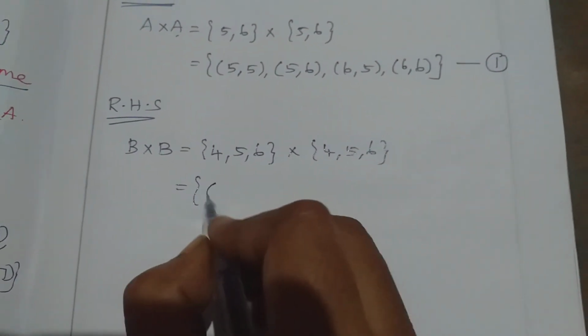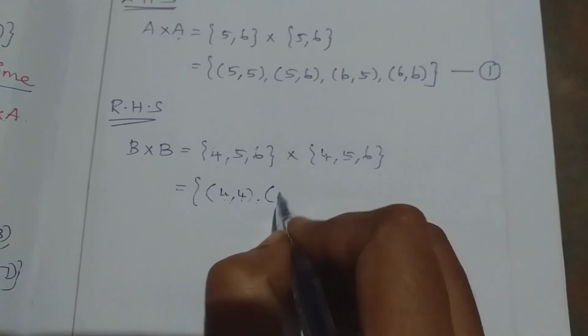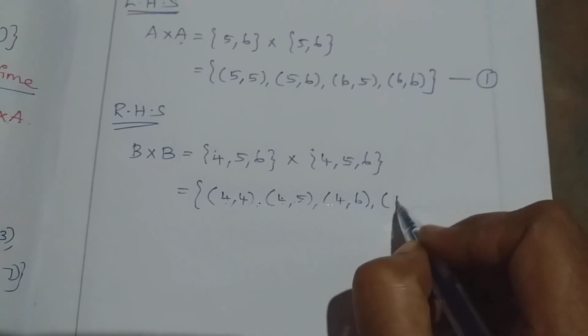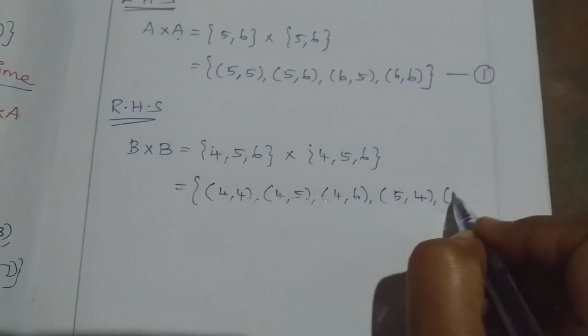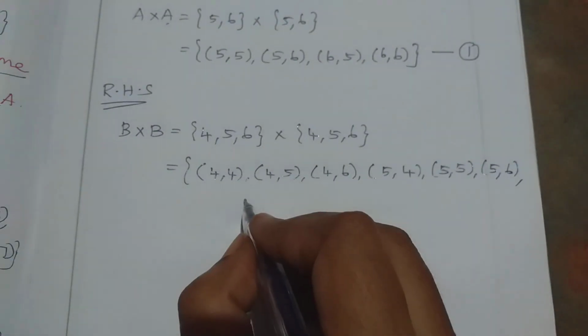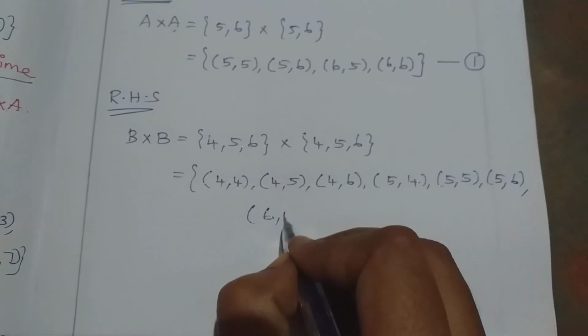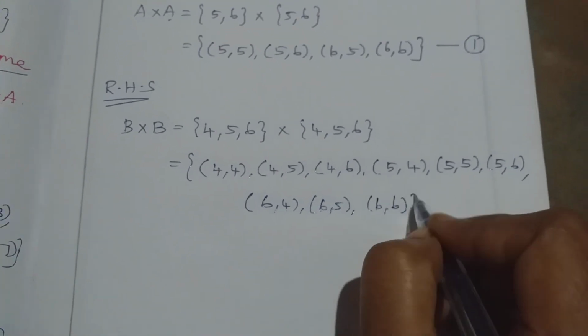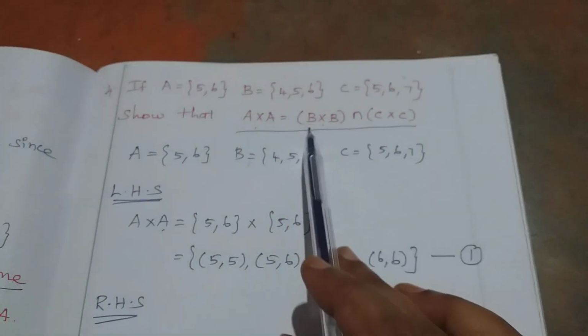So now you can say (4, 4), (4, 5), (4, 6). Next (5, 4), (5, 5), (5, 6). Next (6, 4), (6, 5) and (6, 6). So we have found B cross B.